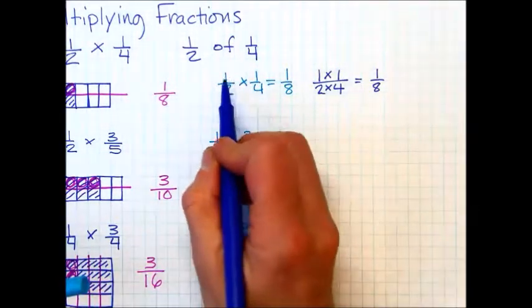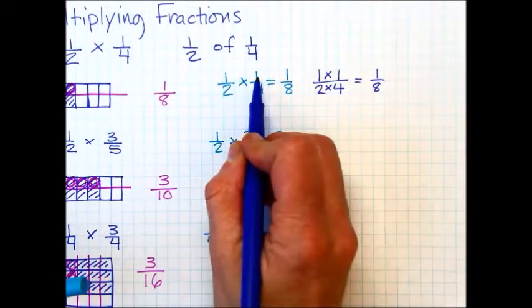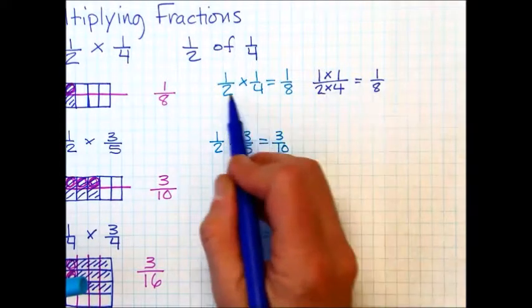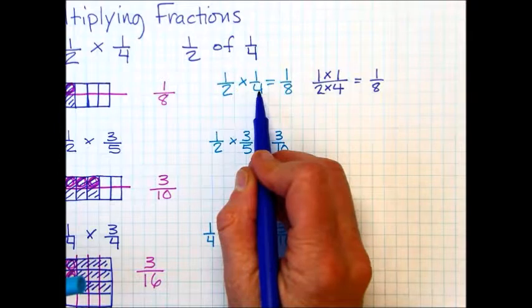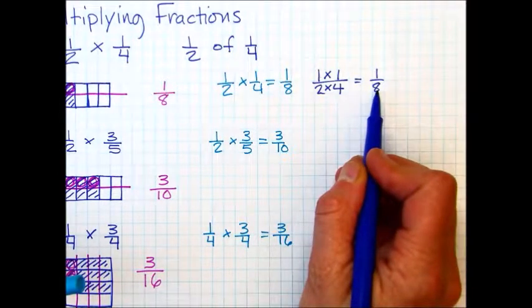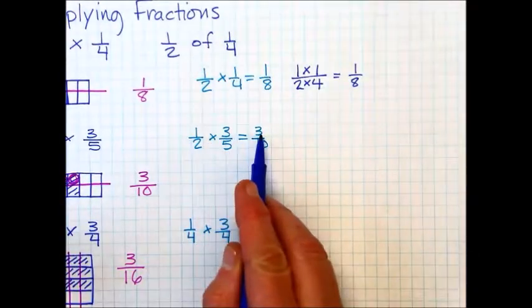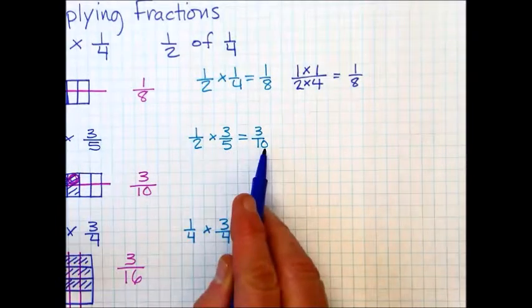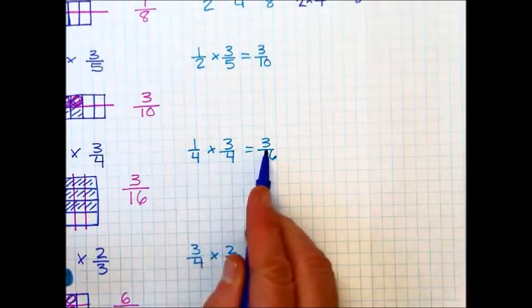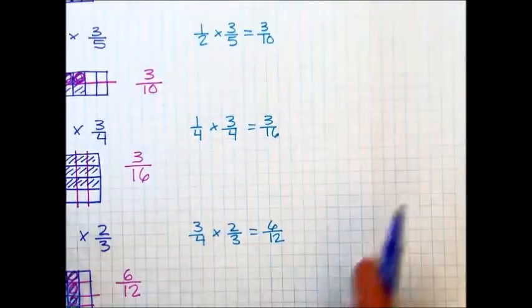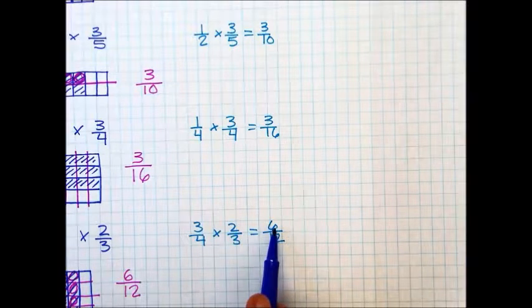Okay, so we're multiplying the numerators together, we get our answer numerator, and when we multiply the denominators together, we get the denominator of the product of that multiplication problem. And that's going to be the same for all of these. 1 times 3 is 3, 2 times 5 is 10. 1 times 3 is 3, 4 times 4 is 16. And this last one, 3 times 2 is 6, and 4 times 3 is 12.